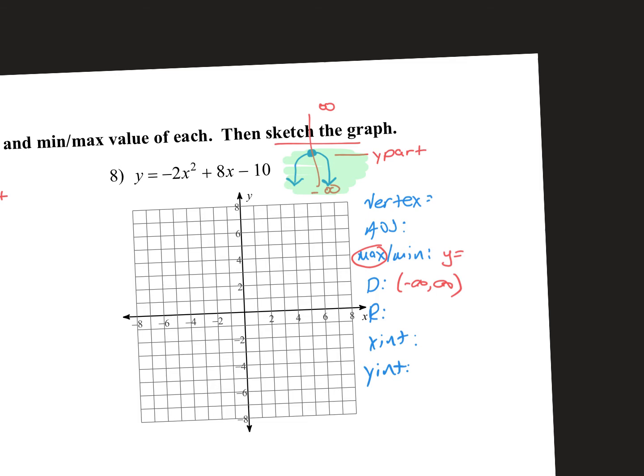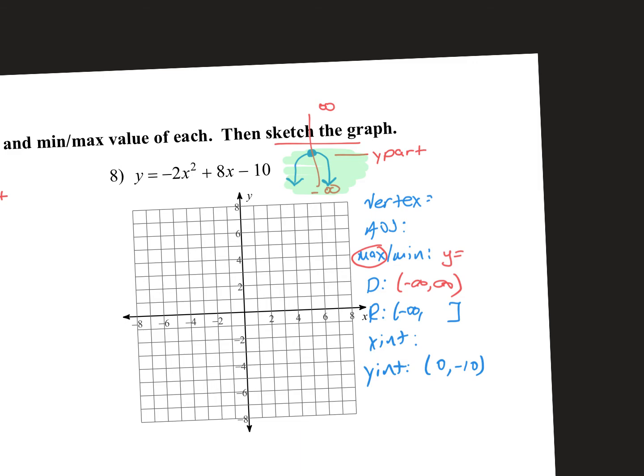Negative infinity to where? The y part of the vertex, right? So you know that your range is going to be negative infinity to something. You also know what the y-intercept is just by looking at the equation. What's your y-intercept? Yep, so it's going to be at 0, comma, negative 10.